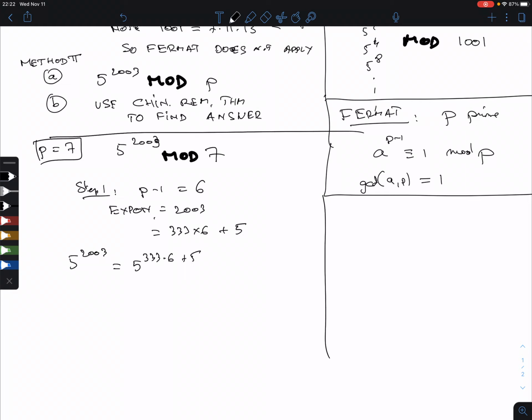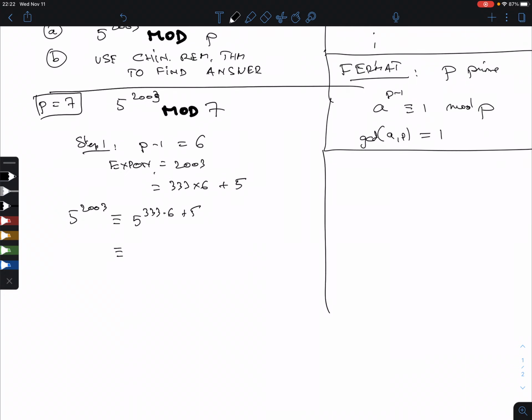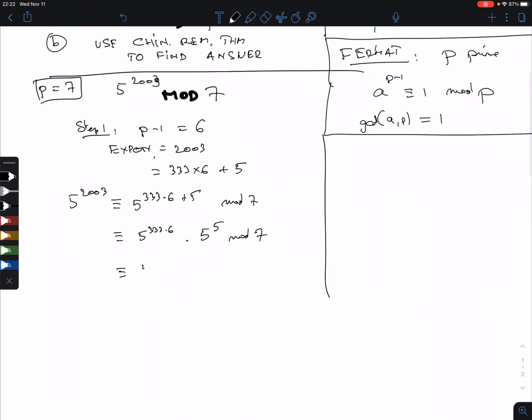I'm just going to do the argument one more time because I've done this in the lecture, but so that you see how it works. If you have a sum of powers, that results in a product of powers, something we have been doing many times. This is mod 7, or whatever prime we're working with. But here is the clue: 5 to the power 6 to the power 333.